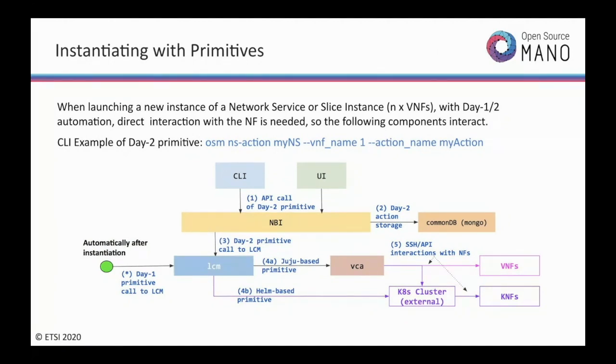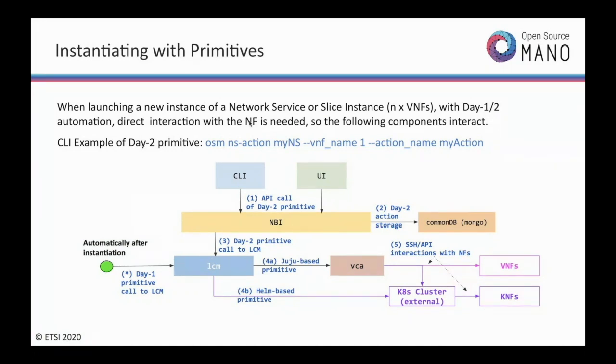Day 1 are every configuration that is needed so that the network function starts with the basic configuration. And day 2 are on-demand actions that are asked by the operator to request some changes, to request maybe scaling, to request some monitoring of the network function, of the network service.